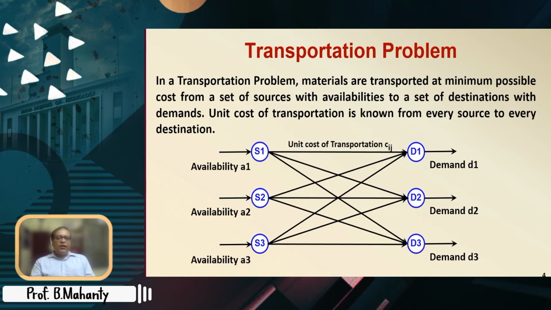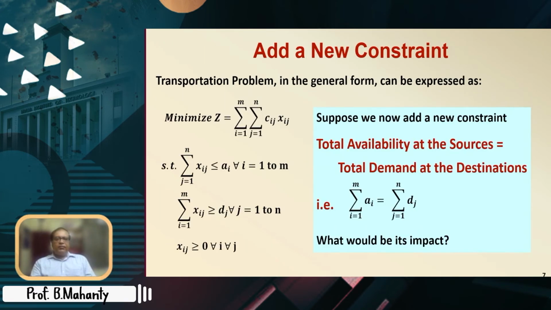So when normal transportation is only source to destination, transshipment could be source to source, or destination to destination, or destination to source, or source to some intermediate node and from the intermediate node to the destination. So all those could be different types of transshipment.